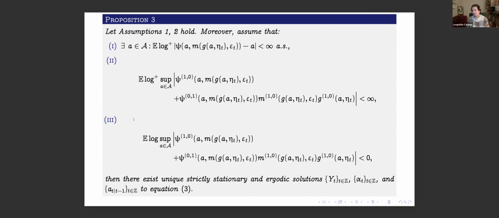And this, for those of you that work with observation-driven models, this might be quite familiar. So these are simply conditions to establish the existence of a unique strictly stationary ergodic solution for the Y_t process, from which we observe trajectories, and then the state variables, and also the time varying parameter A_t given t minus 1.